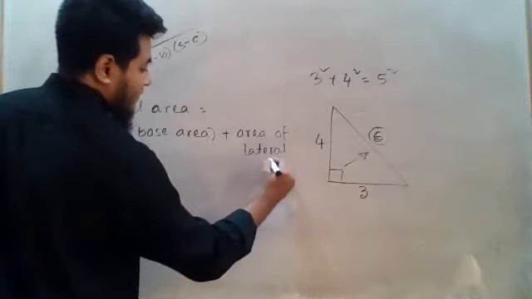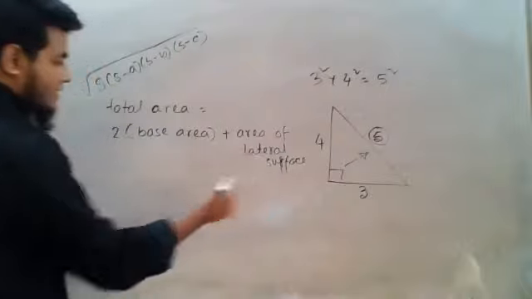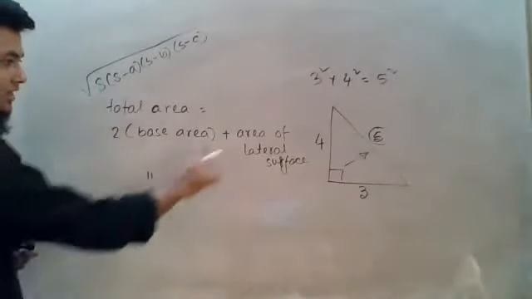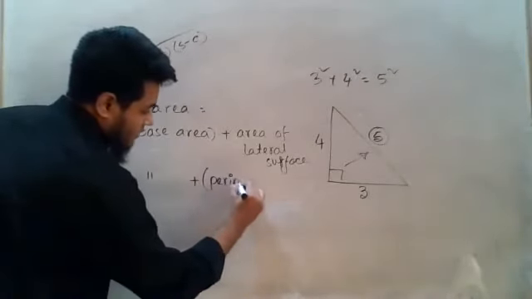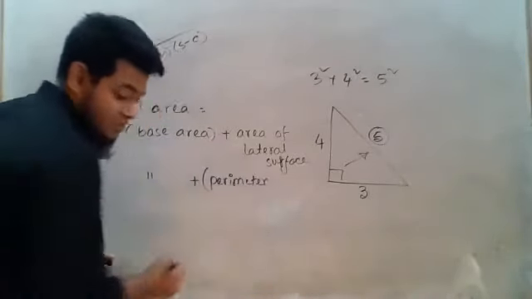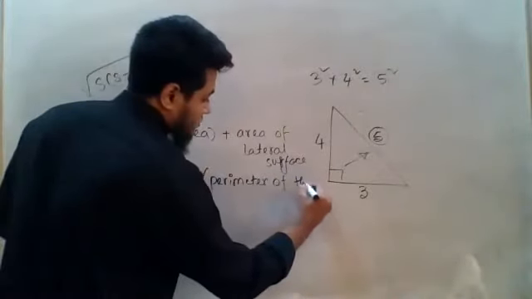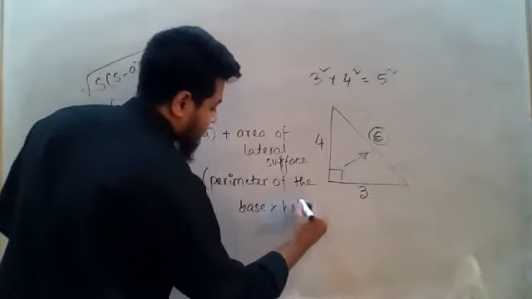Now this area of lateral surface can actually be calculated in another way: perimeter of the base into the height.